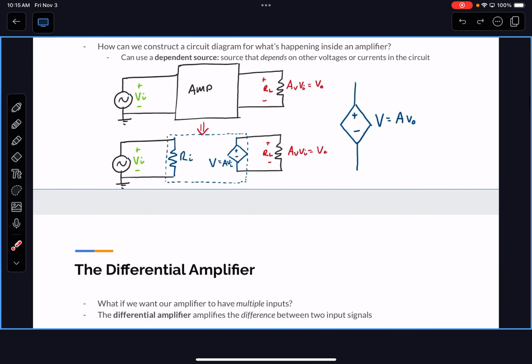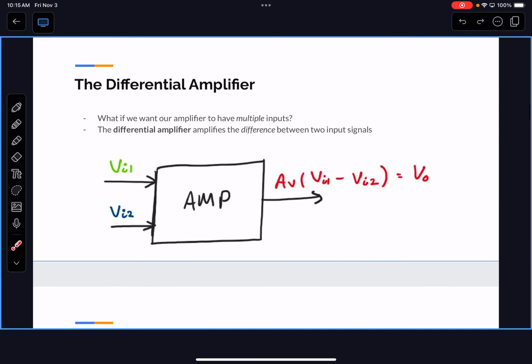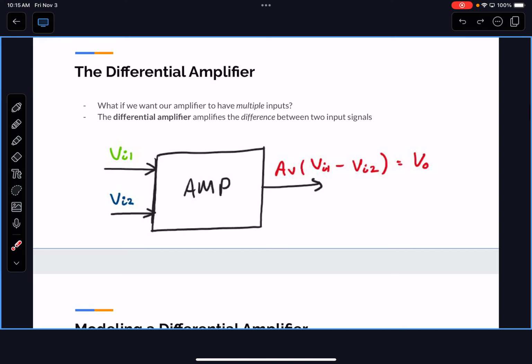Should be pretty intuitive. After that, you have the differential amplifier, where you take the difference between VI1 and VI2, and your final voltage output will be the gain multiplied by the difference between VI1 and VI2.